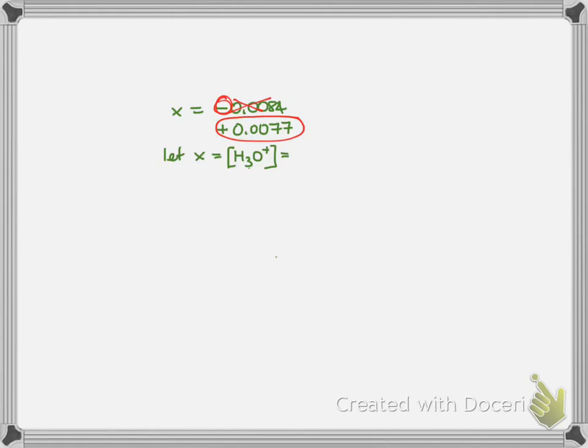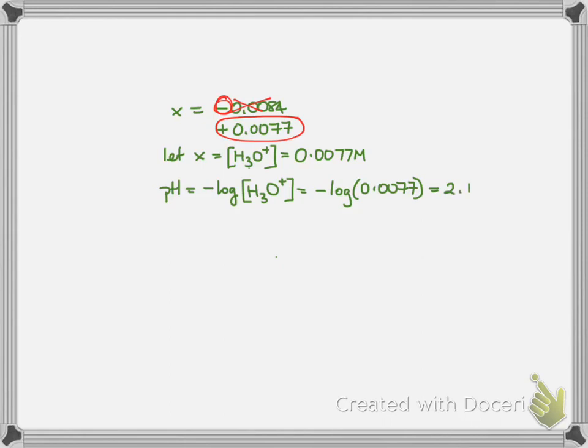So the concentration of the hydrogen ion is 0.0077 molar. pH is equal to minus the log of the H3O+, which is minus the log of 0.0077, which turns out to be 2.11.